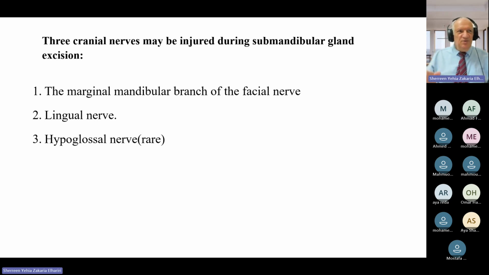Now, to avoid marginal mandibular branch injury, what is the optimum site for incision for submandibular gland removal? 4 or 5 centimeters below the edge of the mandible, below the angle.